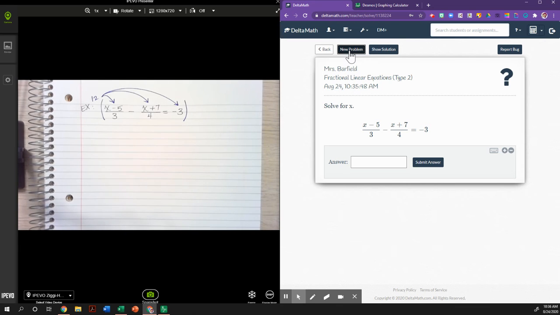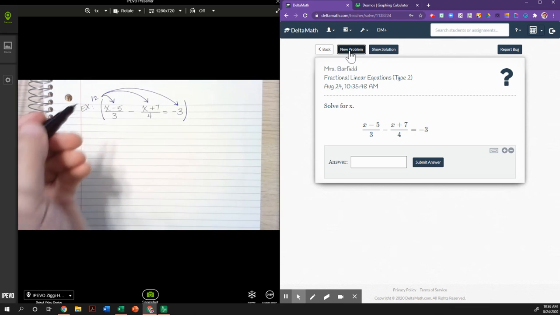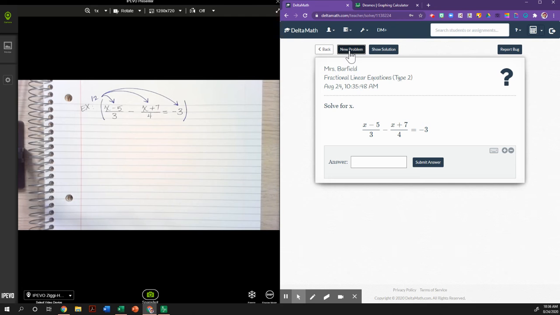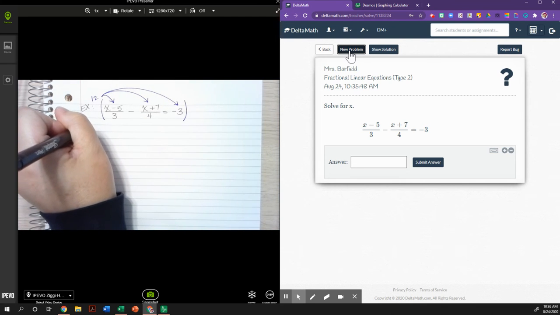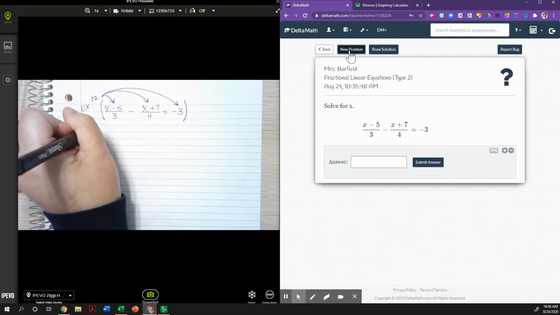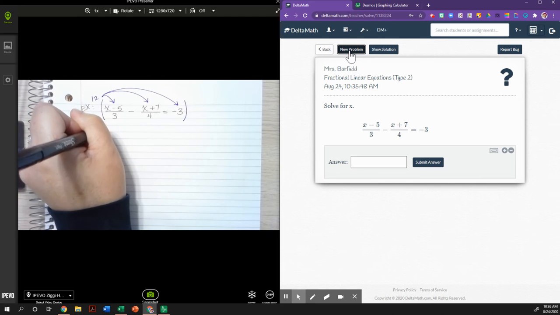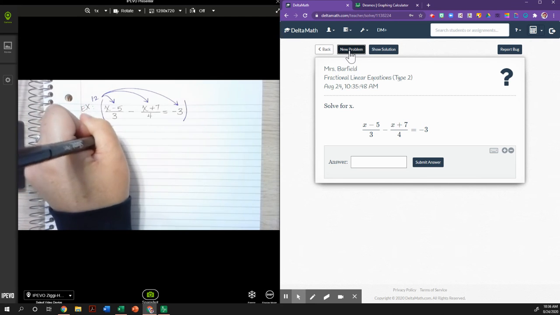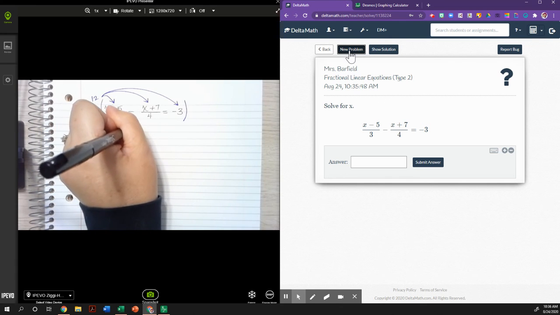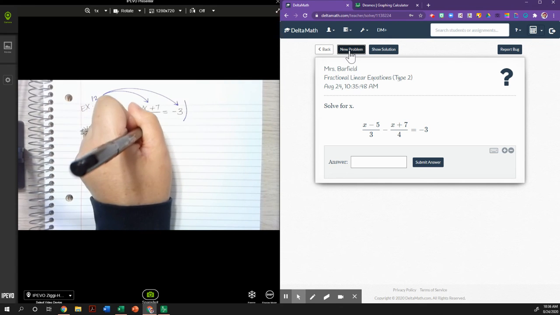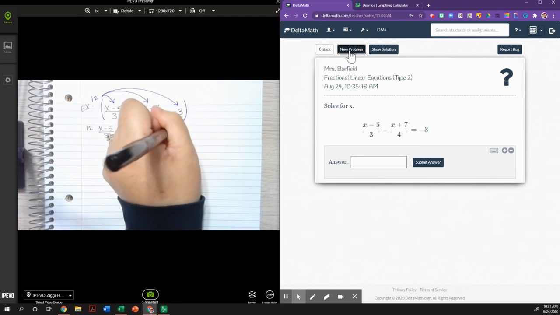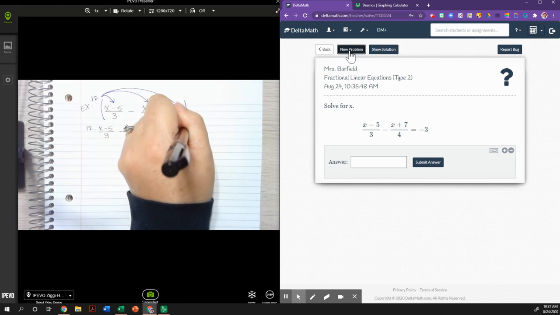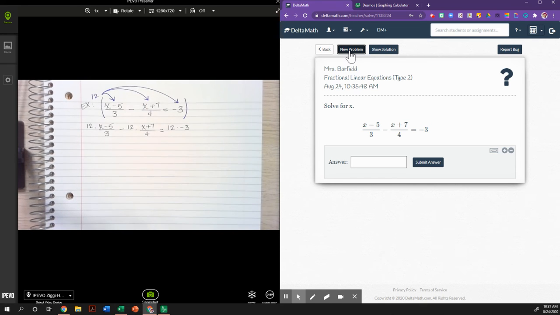All right, so what I'm going to do is write an additional step. You can skip this step if you understand what to do after you see me solve the problem. So 12 times x minus 5 over 3 minus 12 times x plus 7 over 4 equals 12 times negative 3.